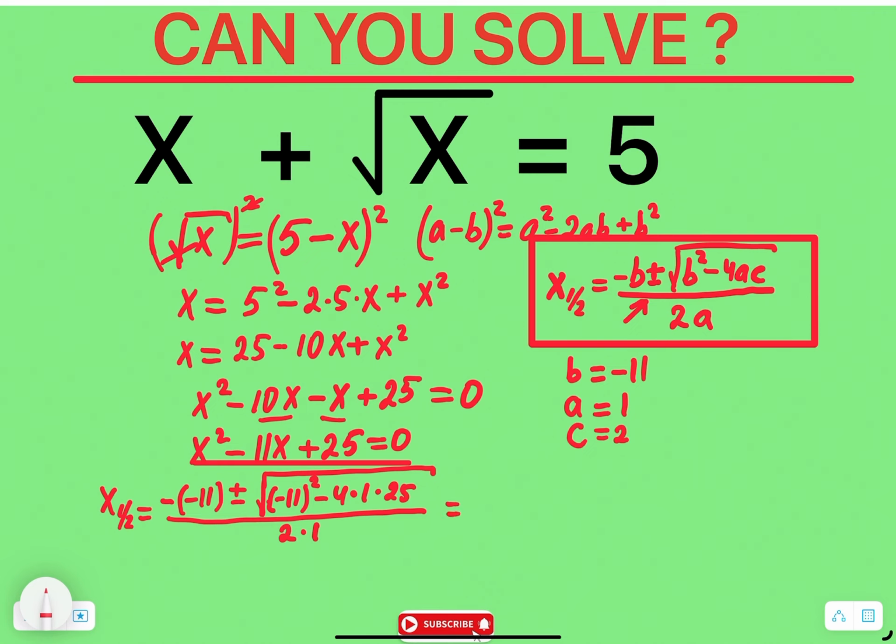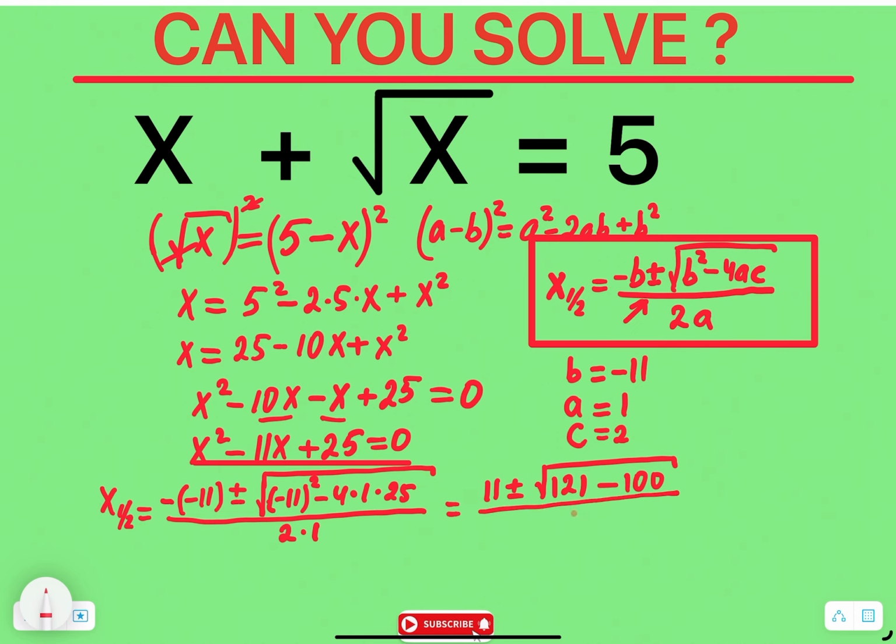This is equal to negative times negative, which becomes positive. So this will be positive 11 plus and minus the square root of negative 11 squared, which is positive 121, minus 4 times 1, which is 4, times 25, which is 100. That's what we have under the square root.